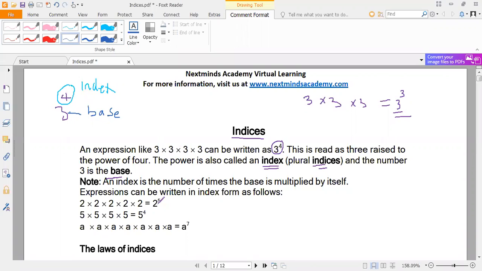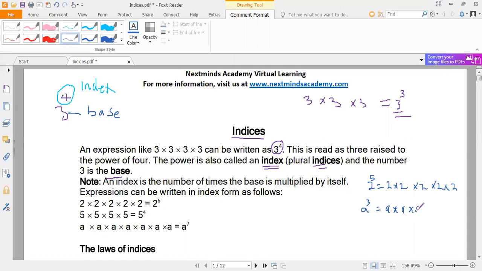If you have a number like 2 to the power of 5, it means that we multiply 2 five times, which is similar to writing 2 times 2 times 2 times 2 times 2. If you have a to the power 3, we multiply a three times: a multiplied by a multiplied by a.